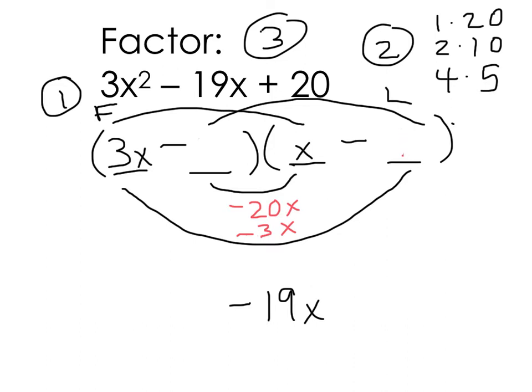Try them first one way and then the other. So that verifies for sure that 1 and 20 is not going to work. Cross it off. 2 and 10. Negative 2x minus 30x. That didn't work.